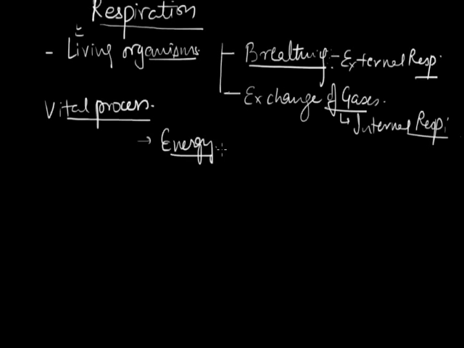For yielding energy, we need a key gas called oxygen, particularly when respiration is aerobic. The process of energy yielding involves a key process in living organisms commonly known as metabolism.